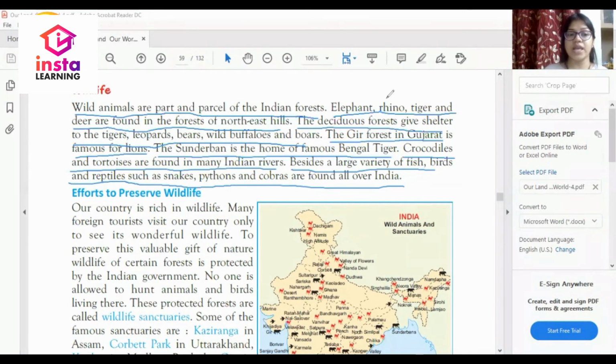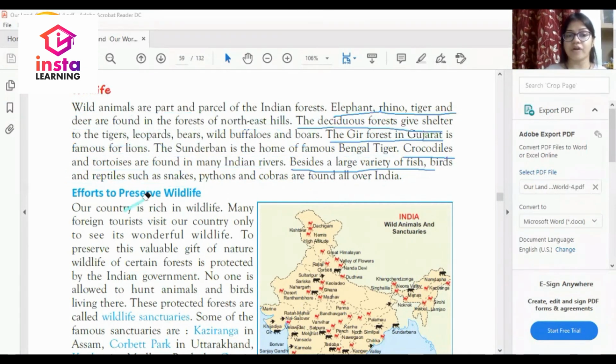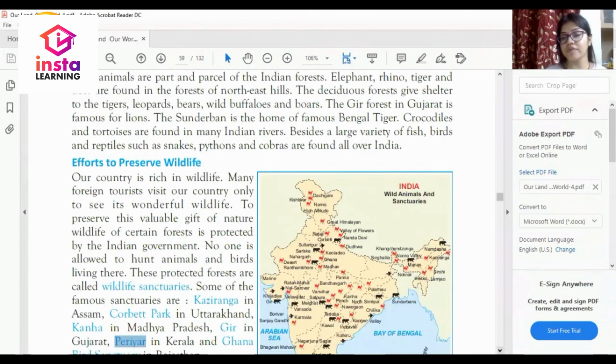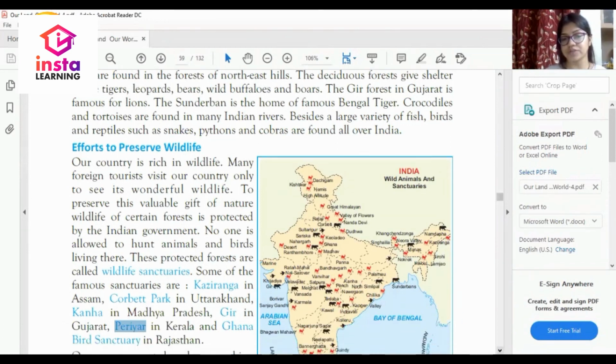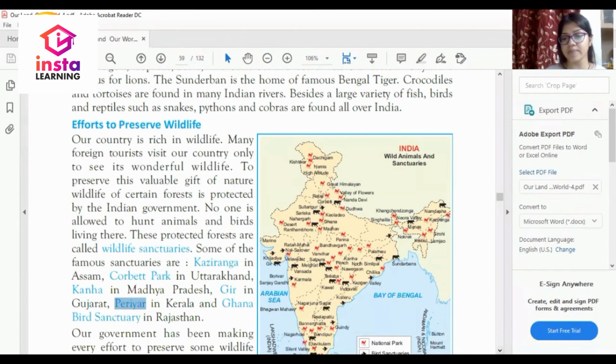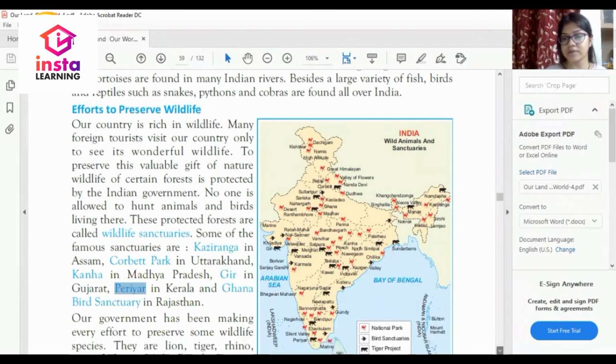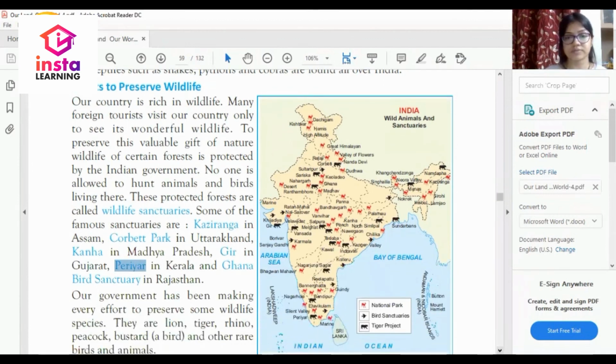Dear student, let's understand the efforts to preserve wildlife. This is the pictorial part of wild animals and sanctuaries. This is India's map and their wild animals and their sanctuaries.